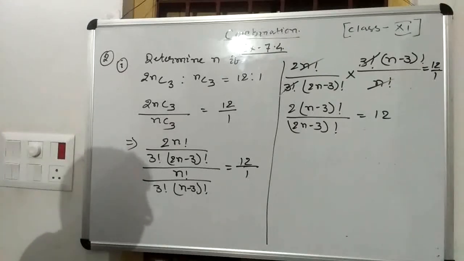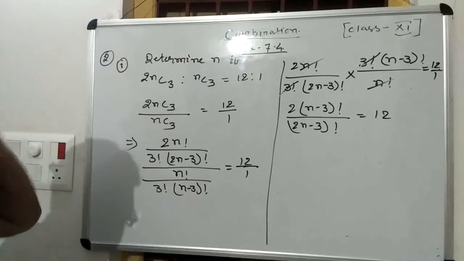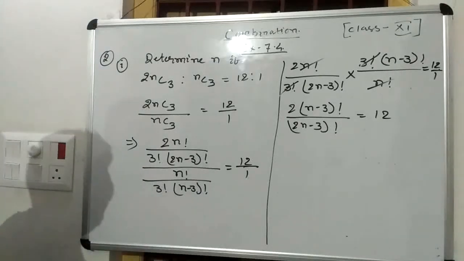Further on we can factorize 2n minus 3 factorial, and this is 2n minus 1 factorial, which is equal to, how can you write it.